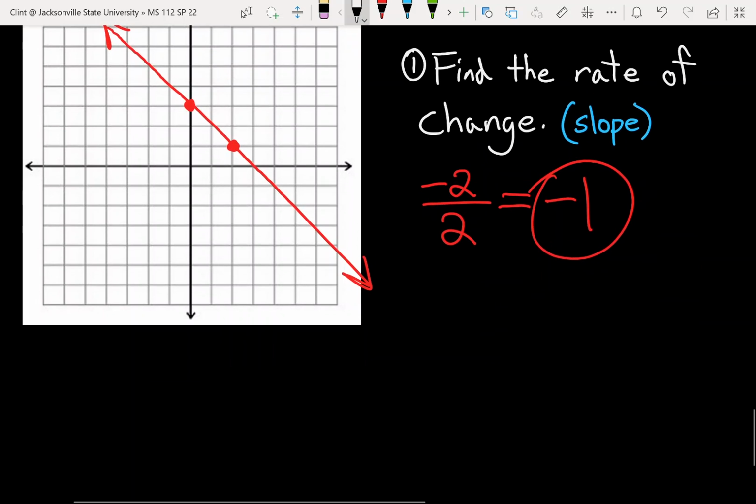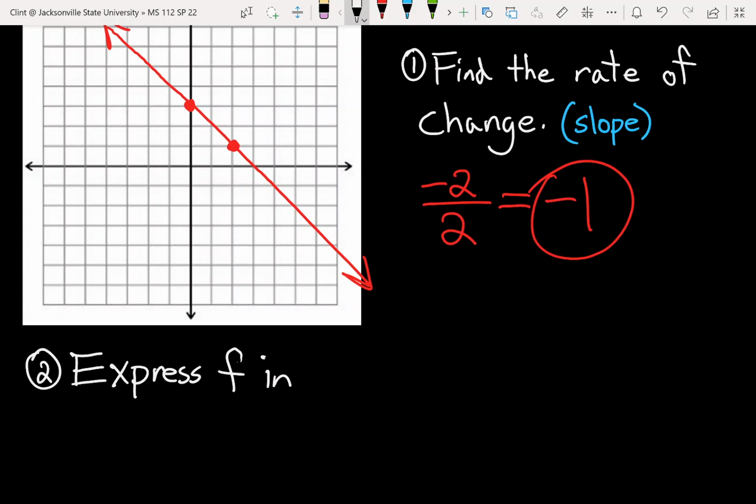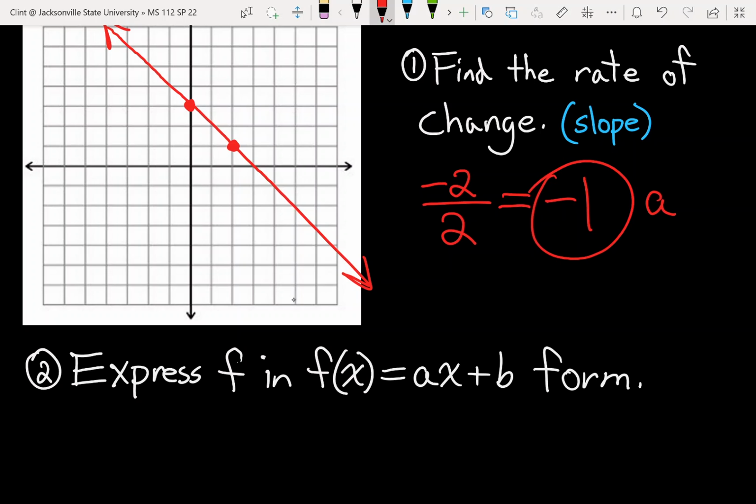And then the second thing they usually want on these is for us to write down the equation. So it'll say put it in AX plus B form. So I got my slope, or my rate of change, and so that's A when I plug in.